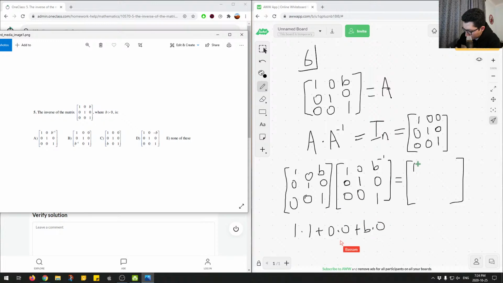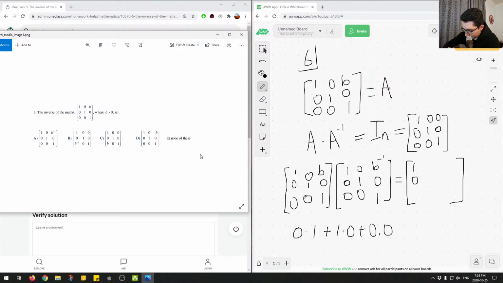And we do the same thing for the rest. 0 times 1 is 0, plus 1 times 0, plus 0 times 0, so this just equals 0. You do the same process for the rest as well.